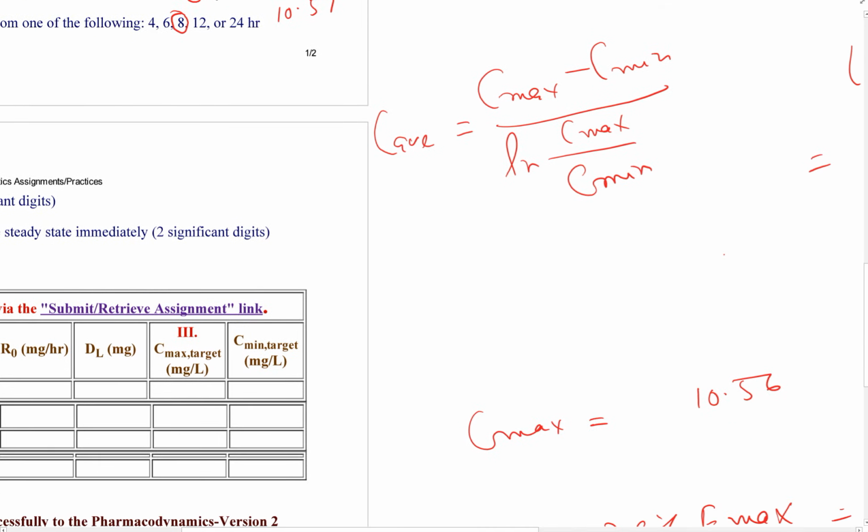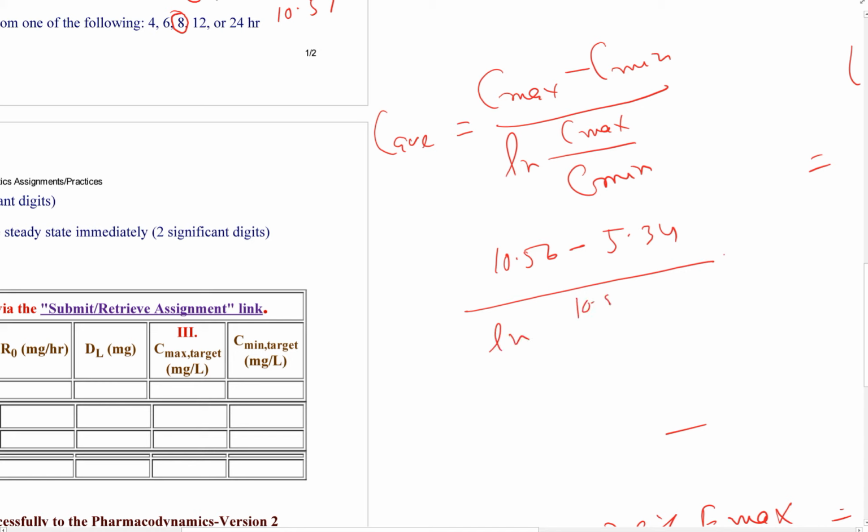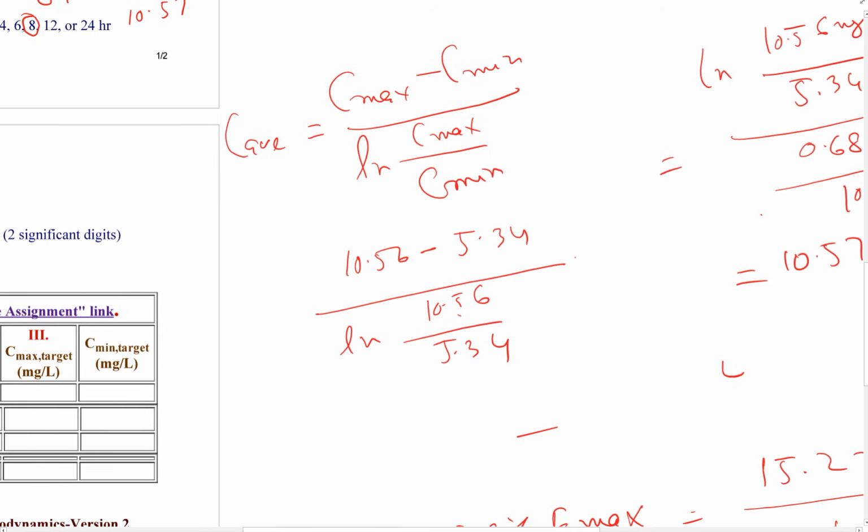And if you put Cmax, Cmin from that calculation, 10.56 minus 5.34 divided by ln 10.56 divided by 5.34, this will give you 7.656 milligram per liter. Okay, so this is our C average.